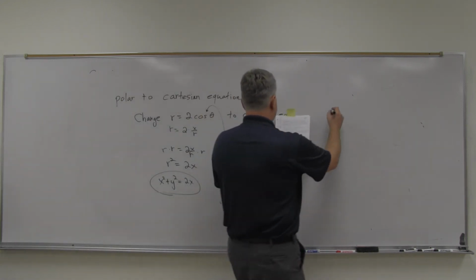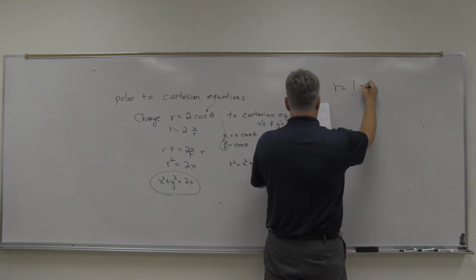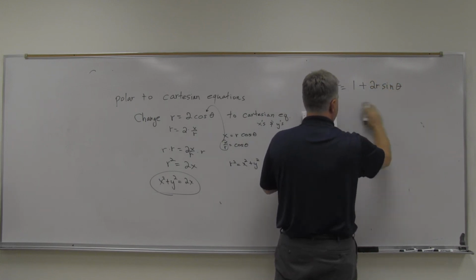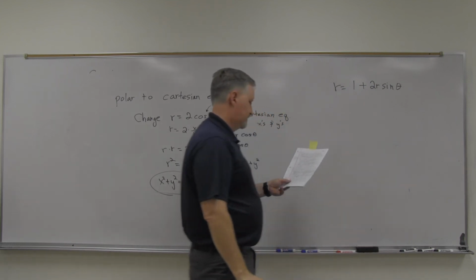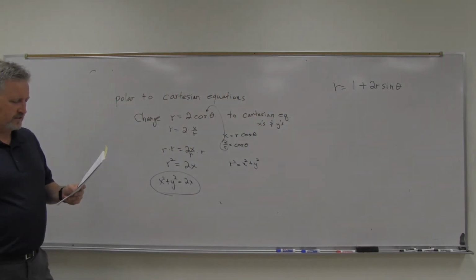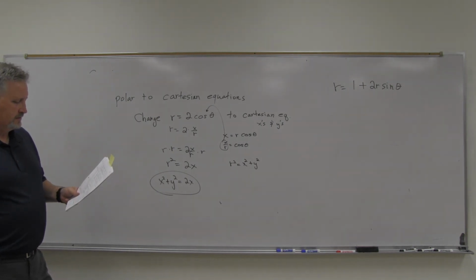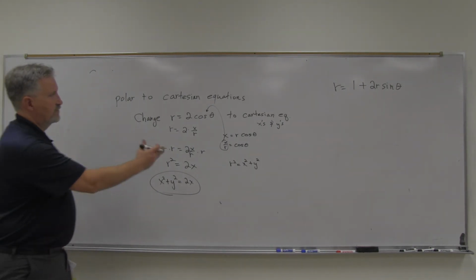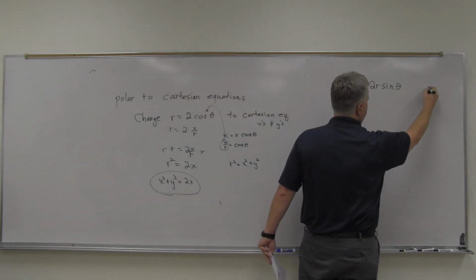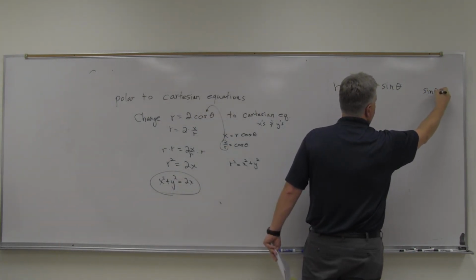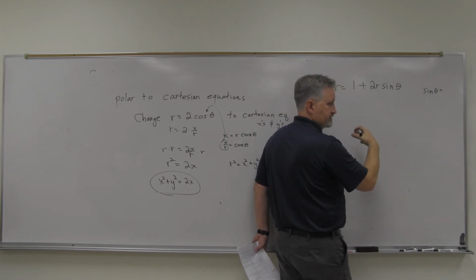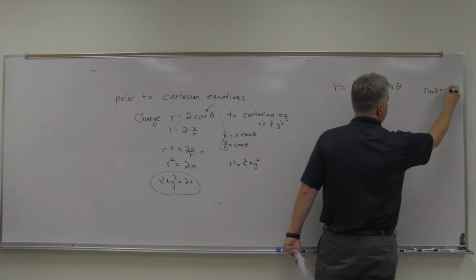All right, what about this one? r equals 1 plus 2r sine theta. Well, just like over here, let's start by focusing on the sine of theta. What do we know about sine of theta? Back in our conversions, it was y over r.